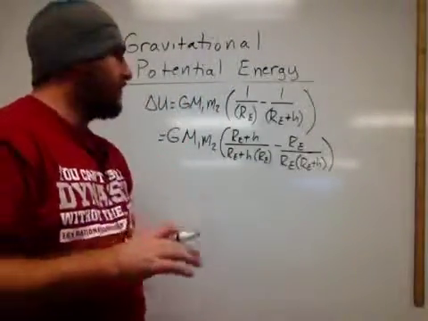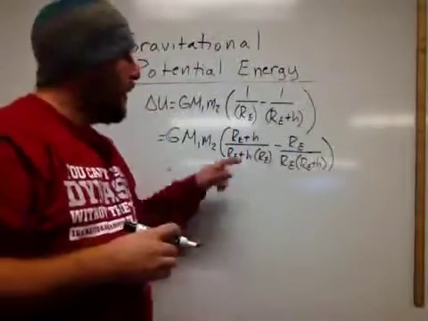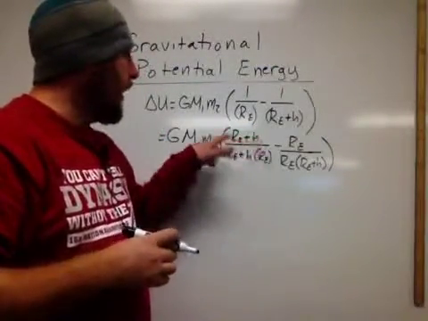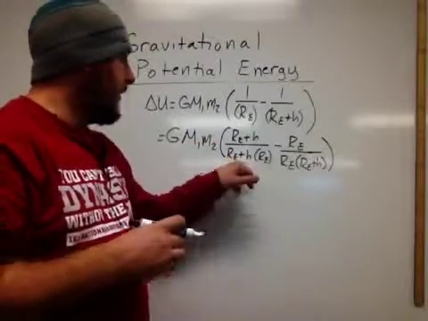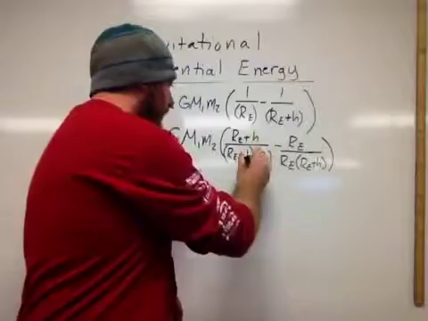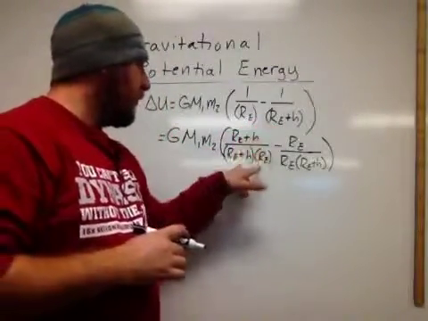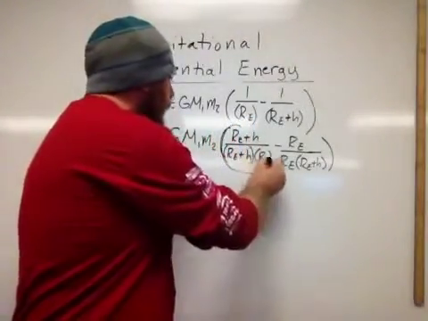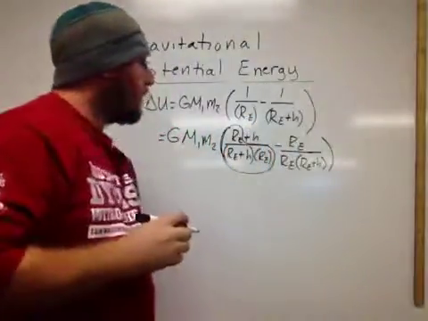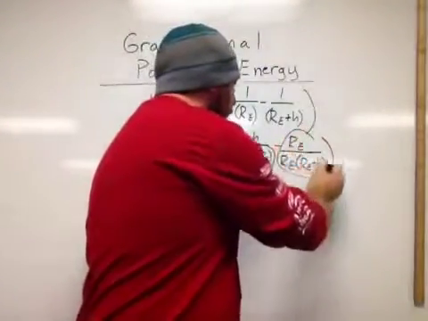But look what happens. Here I have a compound fraction, Re plus Rh, so this is Re over Re plus h times Re, this is technically bracketed off, plus h over that, right? So here I have Re over Re plus h times Re, and that's exactly what I have here.